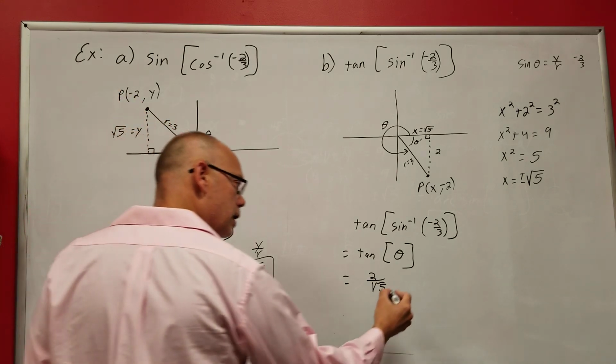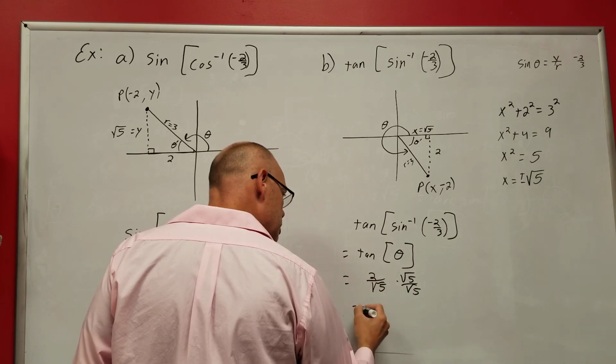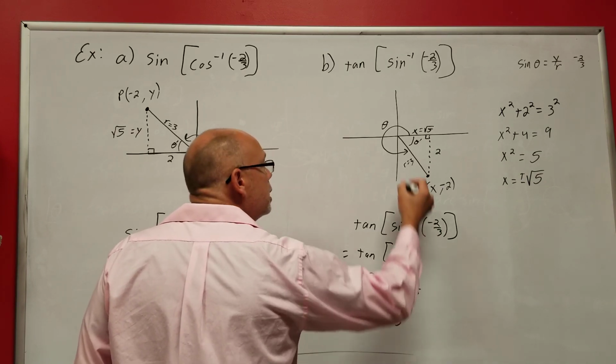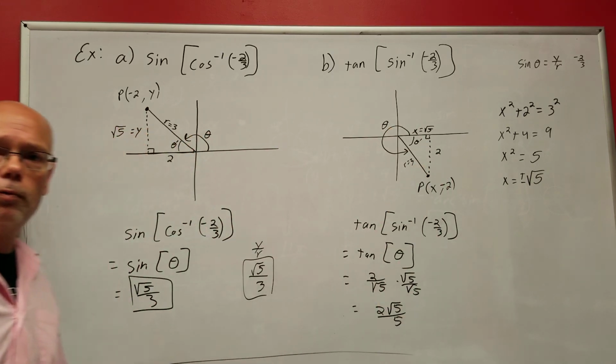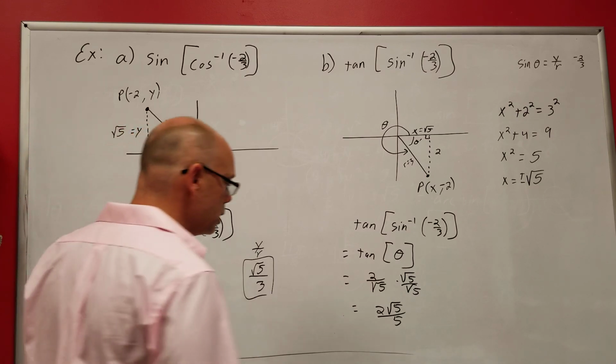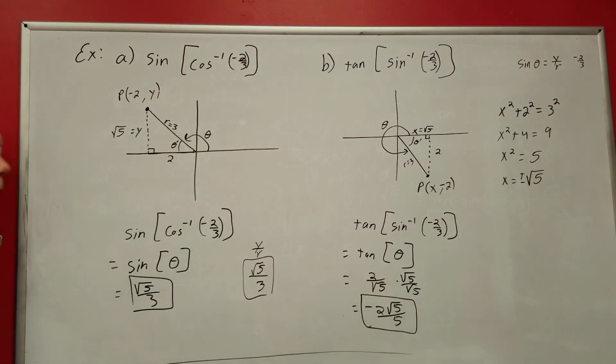And let's rationalize. So I'm going to say times square root of 5 over square root of 5. So what does that give me? 2 square roots of 5 over 5. Now from quadrant number 4, what's the tangent function, positive or negative? It's going to be negative. So there is my answer. 2 square roots of 5 over 5.